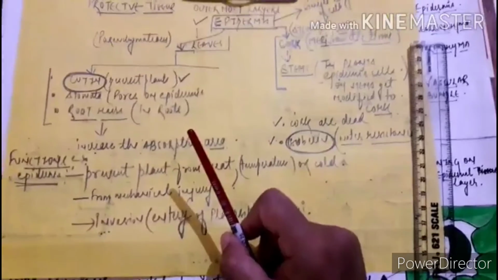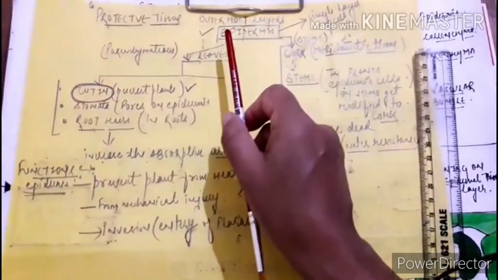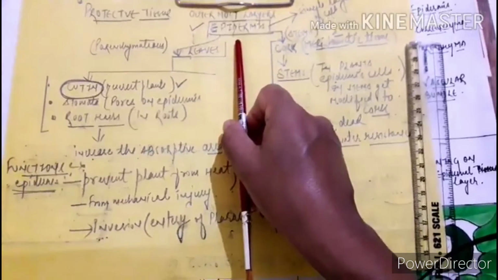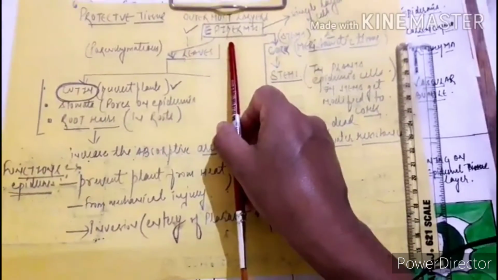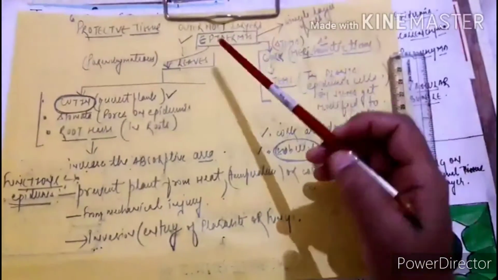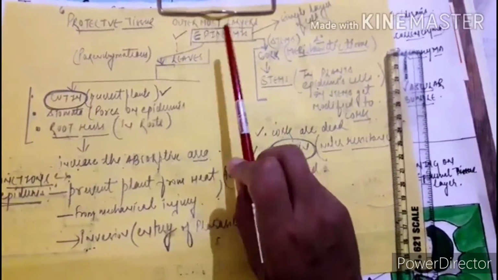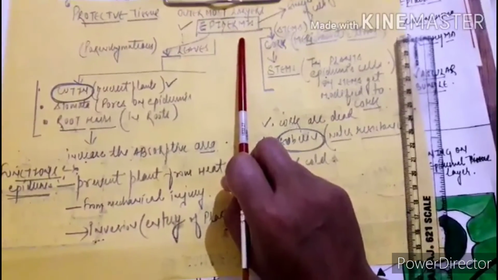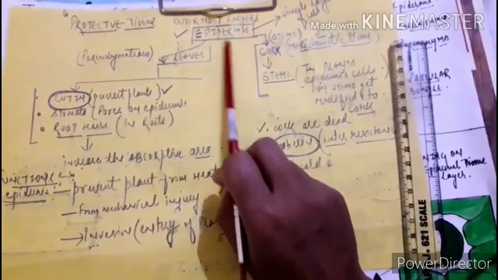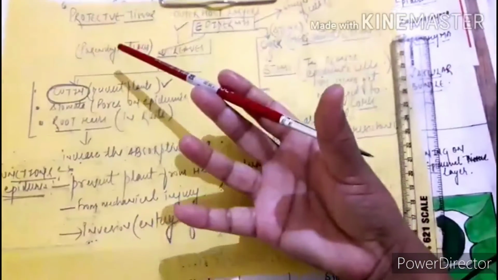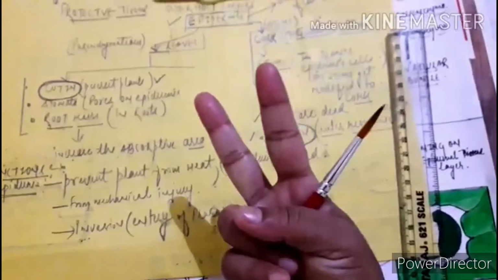So in your book they are discussing this outermost layer, that is the epidermal tissue system, which includes the epidermis. Epidermis is the outermost layer of the plants. It is the protective layer of the plants. But when we talk about the protective layer of the plants, mostly two layers are seen.